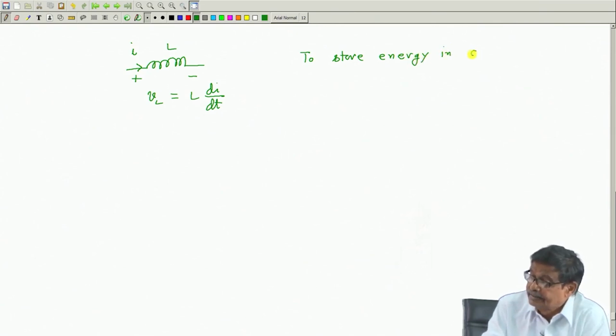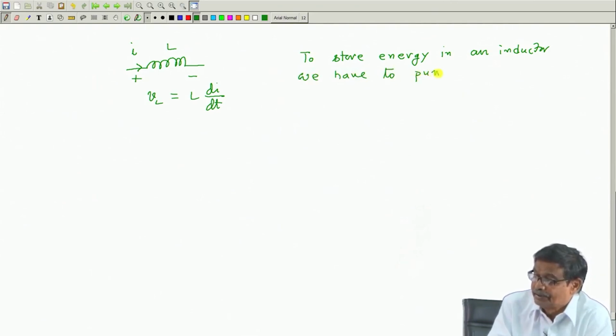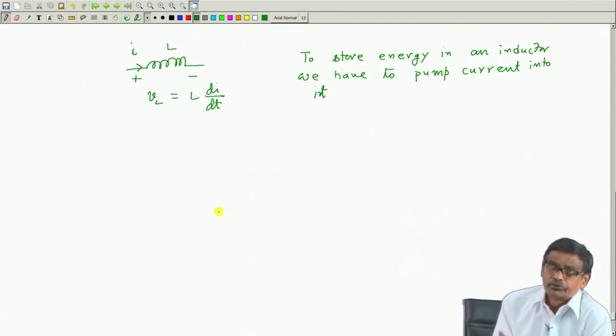I must push some current flowing through the inductor. Okay. Therefore, if current establishes, then only it stores energy.